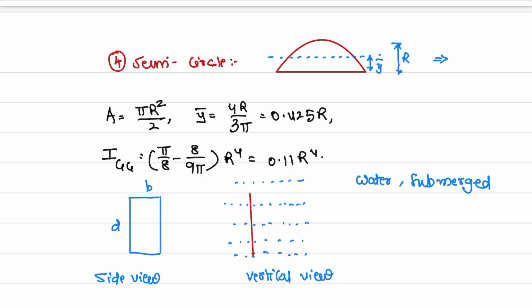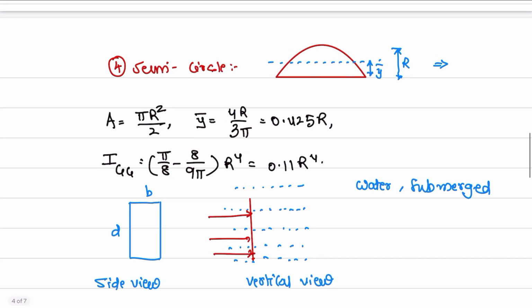And the hydrostatic pressure on this plane is going to act in this direction, because water is here. This water poses a force of F. A force F is acting on this surface. This surface has a cross section of B and D.